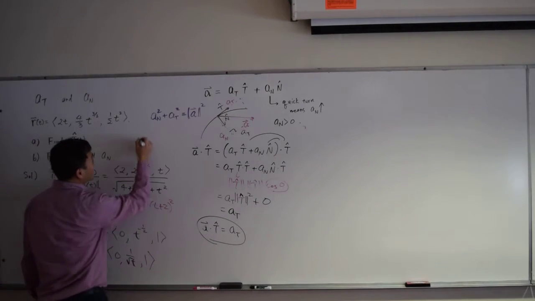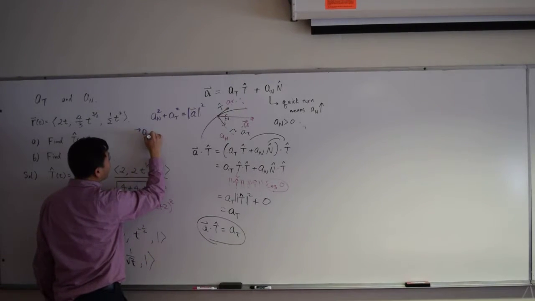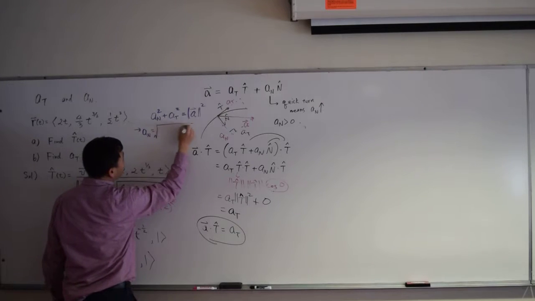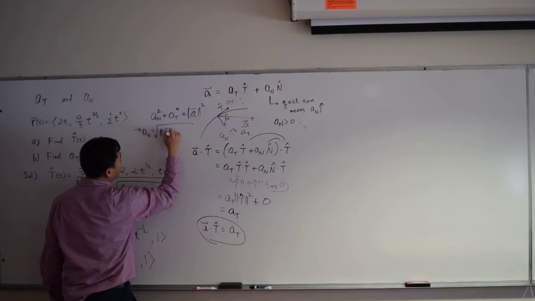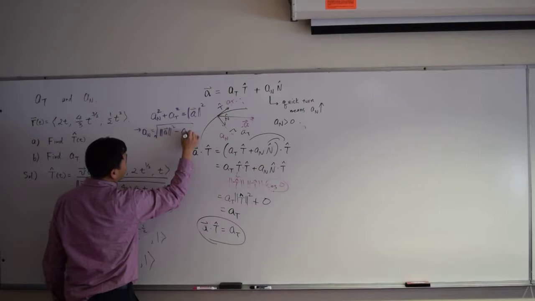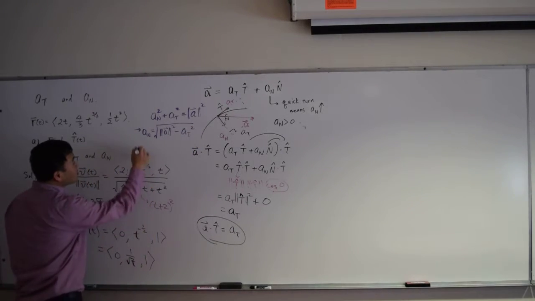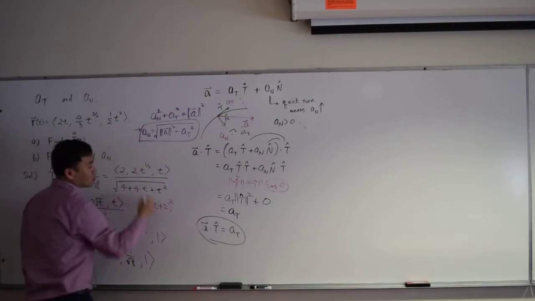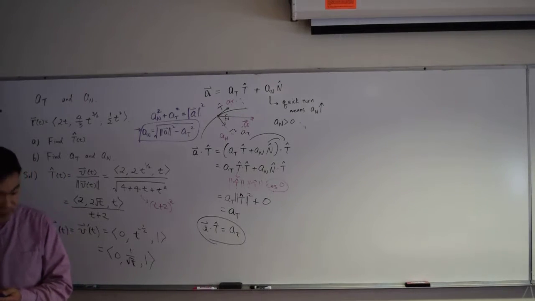In other words, if you solve this for AN, you have AN equals the square root of the norm of A squared minus AT squared. So that's the more reasonable formula to use when you have to find AN.